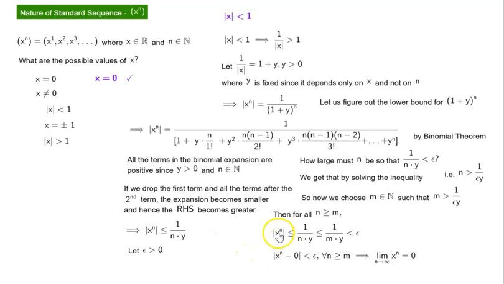So now we can say magnitude of x to the power of n minus 0 is less than epsilon for all n greater than or equal to m. And this statement, as we have seen previously, implies that the limit as n goes to infinity of x to the power of n is equal to 0. So we have seen when magnitude of x is less than 1, it converges to 0. So we have seen the second case as well.